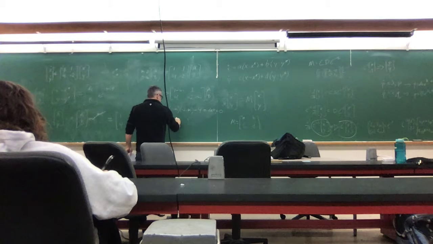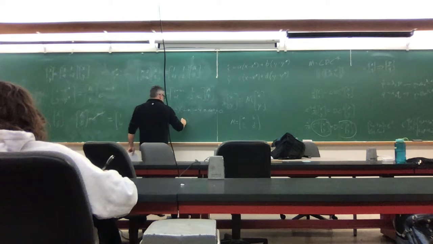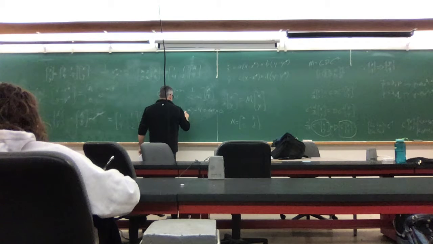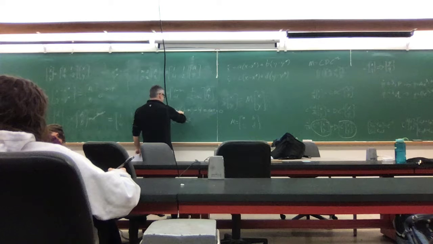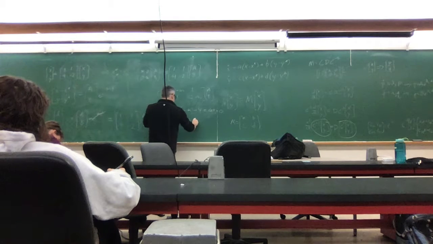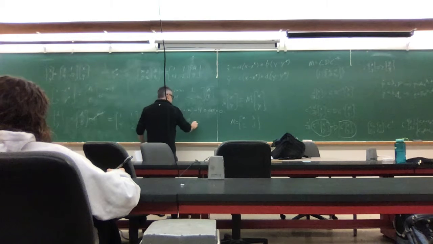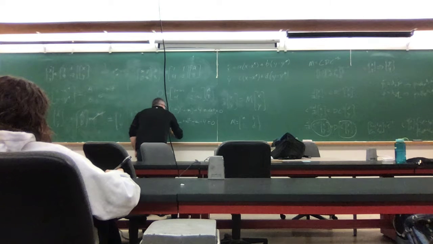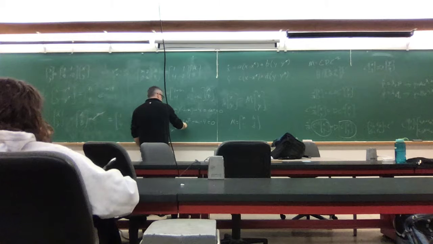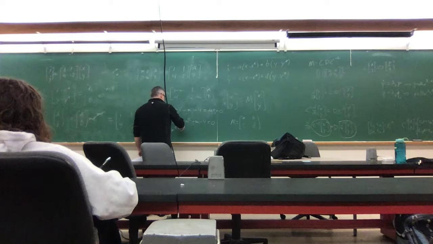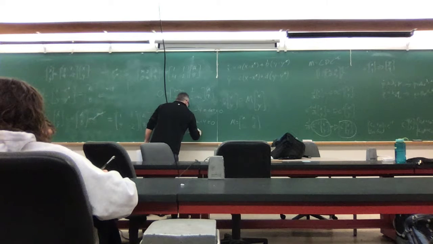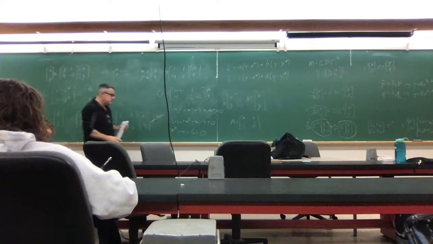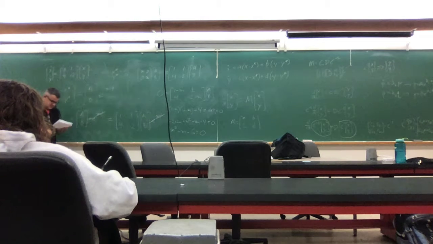Minus 2 plus 2m plus m squared. I missed one. Minus 2 minus 2m minus m minus 4 equals 0, which is m squared. That's this one plus 2m minus m minus 2 minus 4 minus 6 equals 0. So what kind of equation is that?